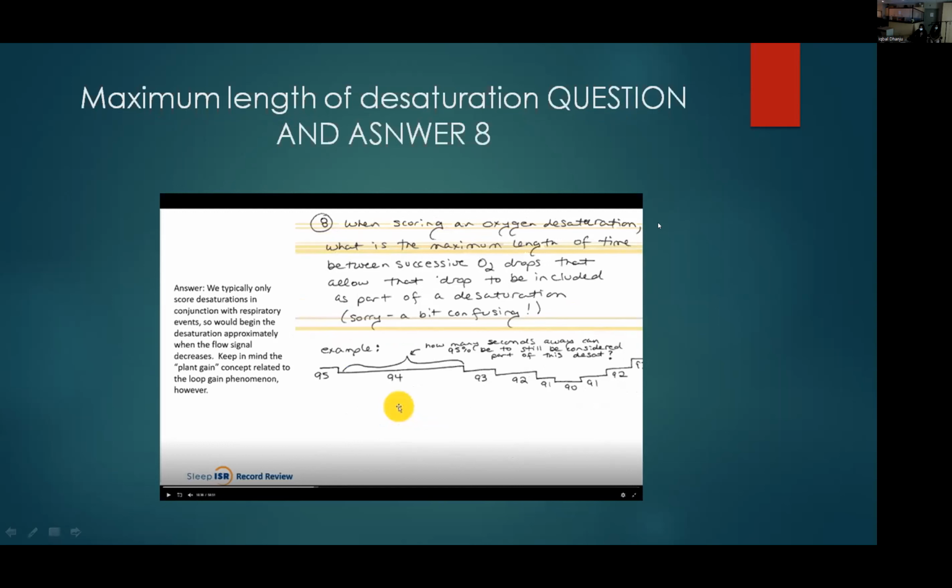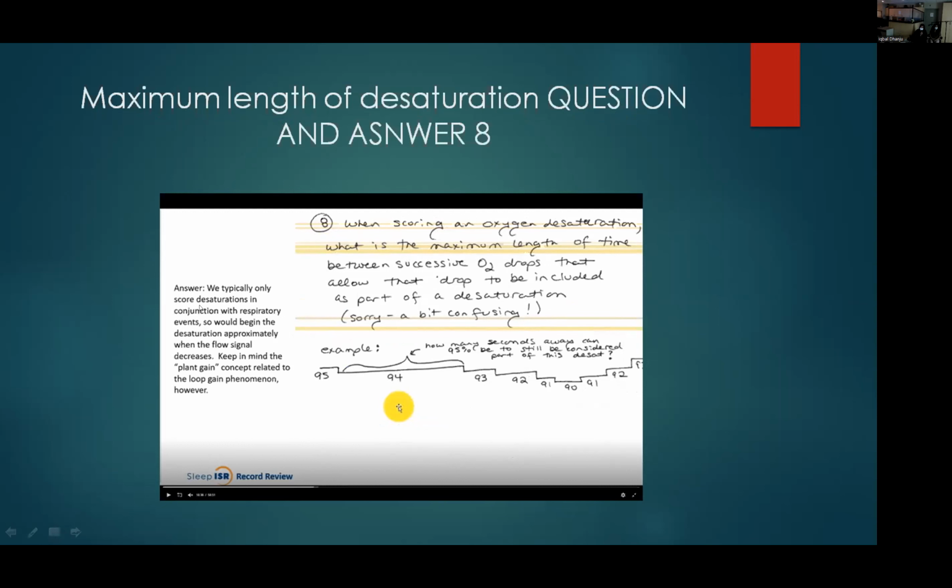When scoring an oxygen desaturation, what is the maximum length of time between successive O2 drops that allows the drop to be included as part of the desaturation? So this is the one which we came across before, like the event ends and then the desaturation, how long the minimum duration.